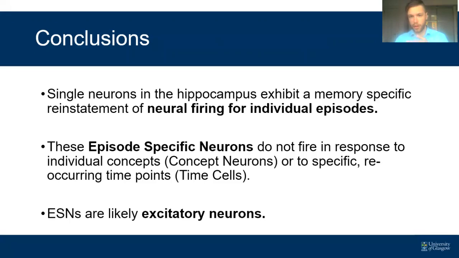They don't code for successful memory as a whole, so for very specific trials only. And these episode-specific neurons cannot be explained by means of equating them with concept neurons or time cells. And on top of this, they seem to be excitatory neurons.